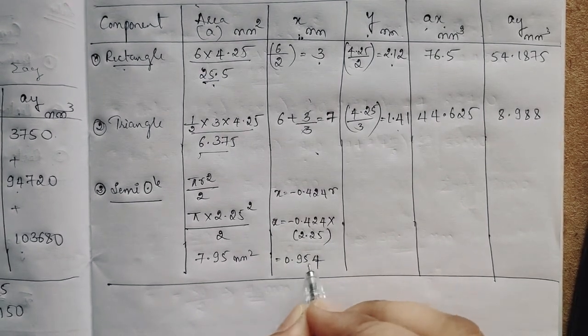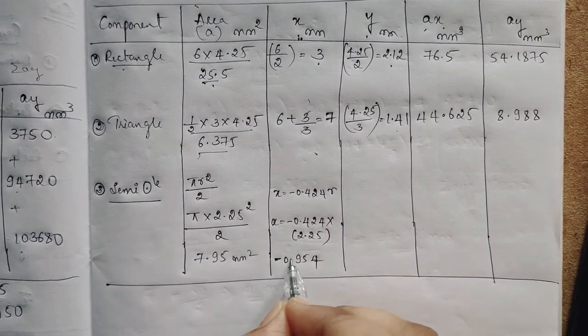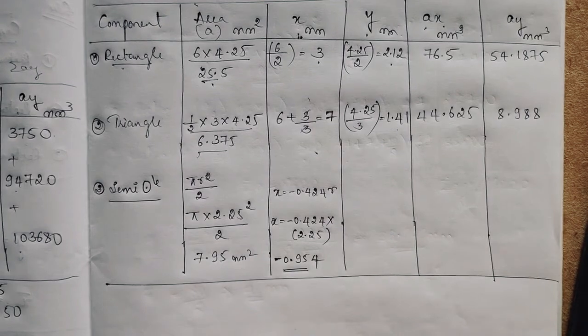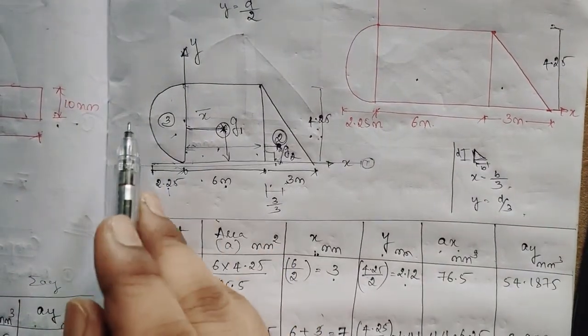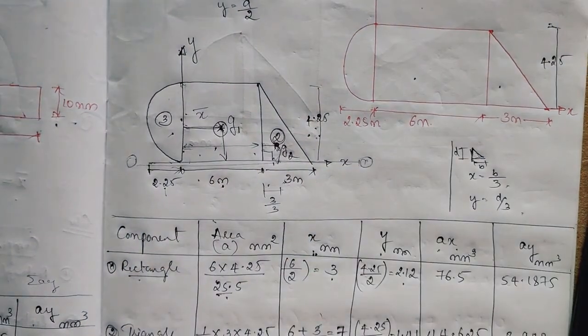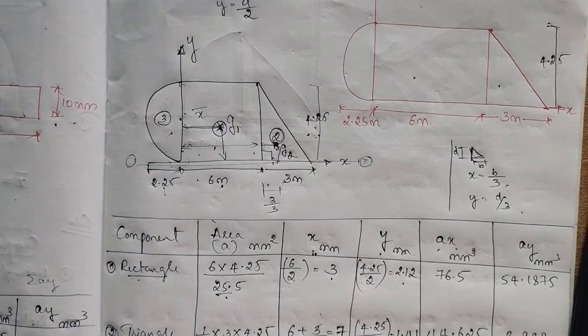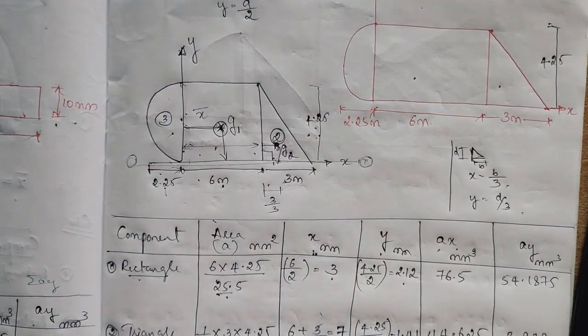So minus 0.954 is the value of x. It is minus because it is on the left side of the reference axis. This is given by the question only, because it is on the left side. I have explained this in the axis of reference video, please watch that.